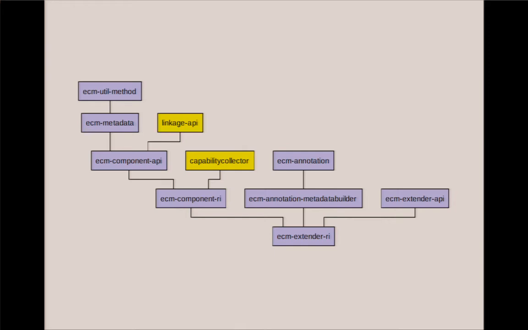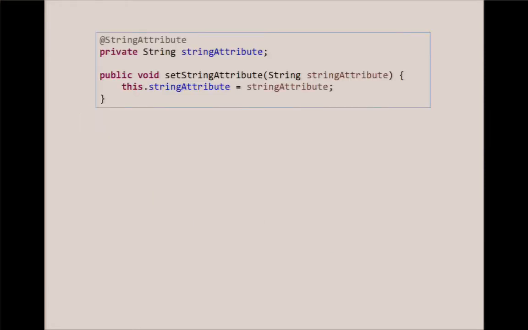Or if you just need the reference functionality and not this component model, then you have this capability collector. For example, if declarative services wanted to have this reference type, it could use this module. It's a couple of kilobytes, just the functionality that tracks OSGi services and sends a satisfaction event.